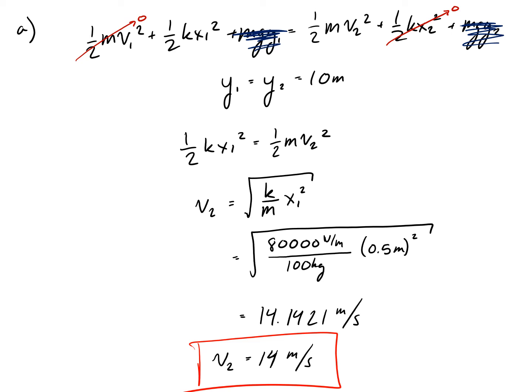Because our heights for point 1 and point 2 are the same, we are just able to ignore the gravitational potential energy. I didn't even write it in because I know 100 times 9.8 times 10 doesn't matter what side of the equation it's on, it's going to be the same exact value.